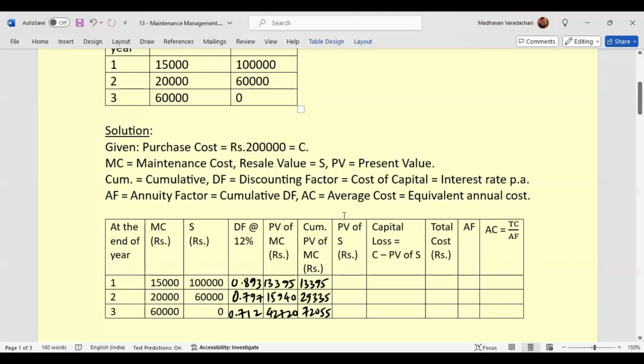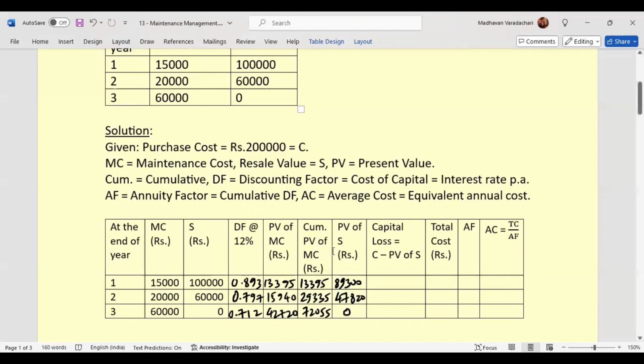Then the present value of the resale value means 1 lakh multiplied by this 0.893, we get 89,300. Then 60,000 multiplied by 0.797, we get 47,820. For the value 0, it will be 0 only.